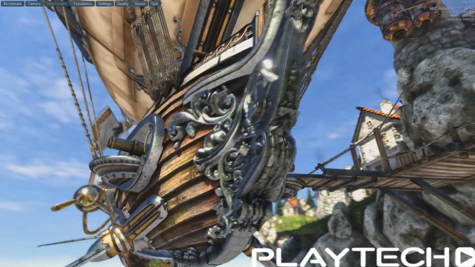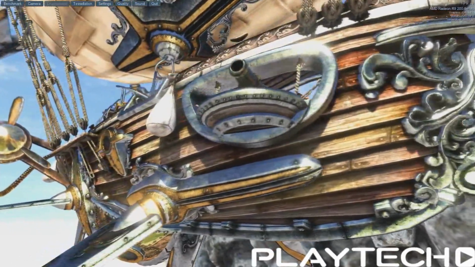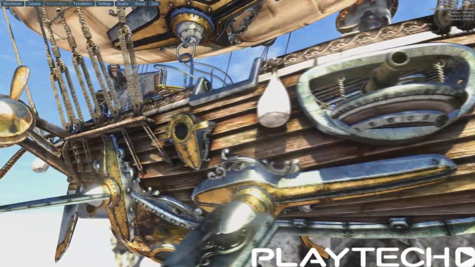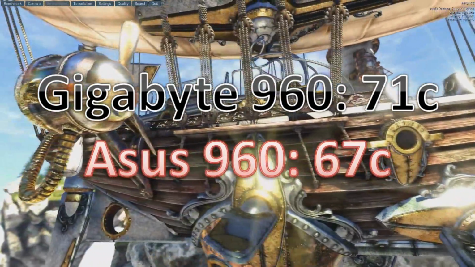I also took the temperatures during the Unigine Heaven 4.0 benchmark, and the Gigabyte 960 went all the way up to 71 degrees Celsius, whereas the Asus 960 went up to 67 degrees Celsius. So what we're seeing from that is the Asus is going to cool slightly better. You're probably going to see, on average, between 4 and 5 degrees Celsius better on the Asus Mini.